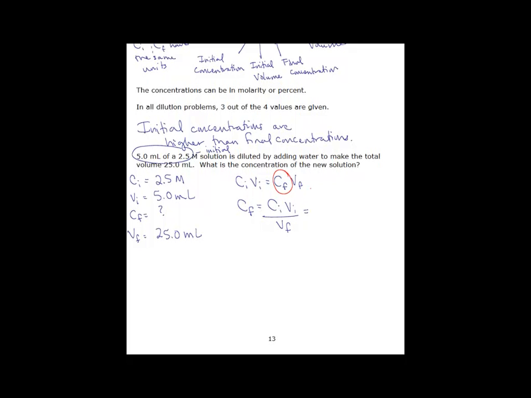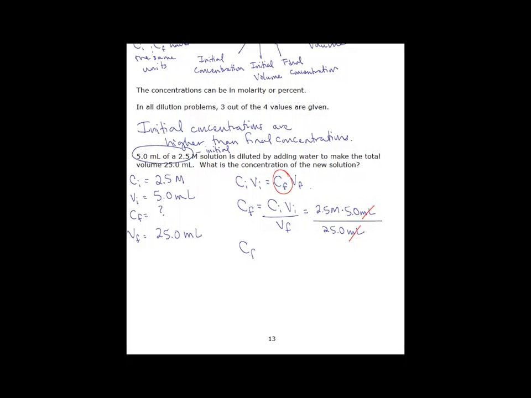So all I do now is plug those values in. So that table on the left is very handy. So 2.5 molar times 5.0 milliliters divided by 25 milliliters. Your units of volume should cancel and you'll end up with units of concentration. So we have molarity left over, which is good, which is a unit of concentration.